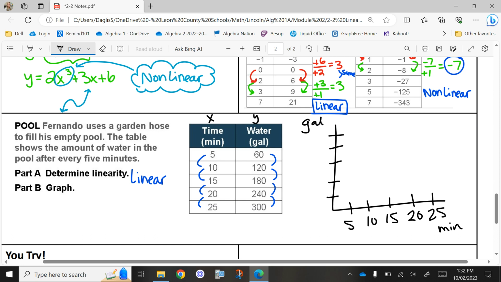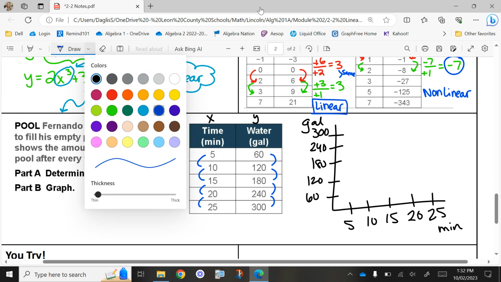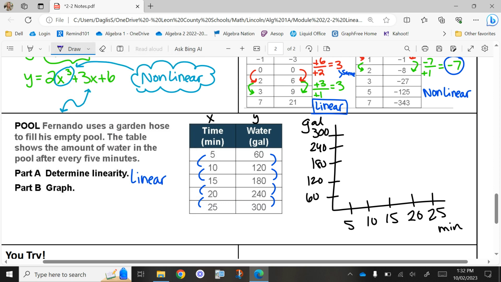And this is our gallons. I'm going to give you a second to get that down. I did label my x's as my minutes and my y's as my gallons. That's GAL at the top.